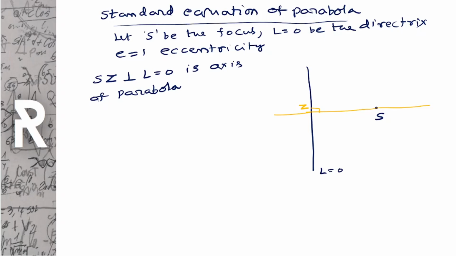Okay. And I am gathering the points on the axis satisfying the definition of parabola. I am taking A as the midpoint of SZ, and SA equals AZ equals my assumption, small a.